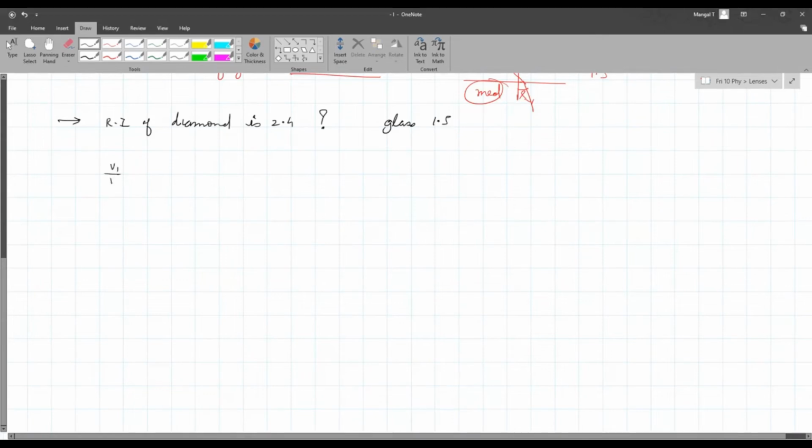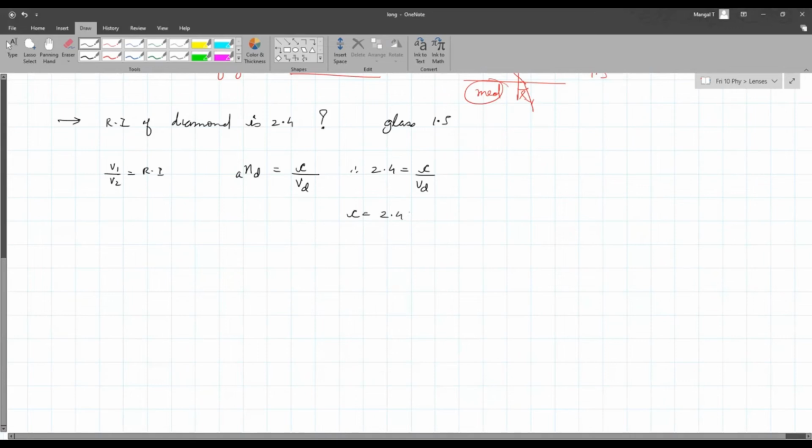Also, when you say v1 upon v2 is equal to refractive index, here when I'm saying refractive index of diamond with respect to air, v1, the velocity of light in medium 1, can also be written as c, and this is the velocity of light in diamond. So 2.4 is c and vD.